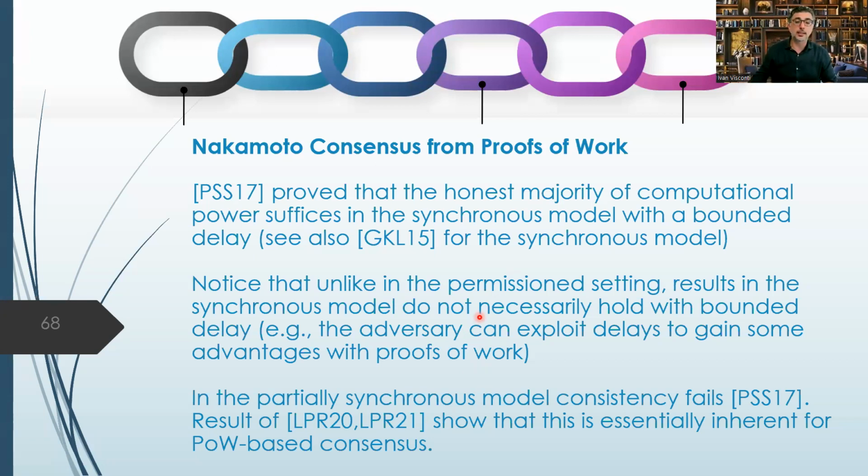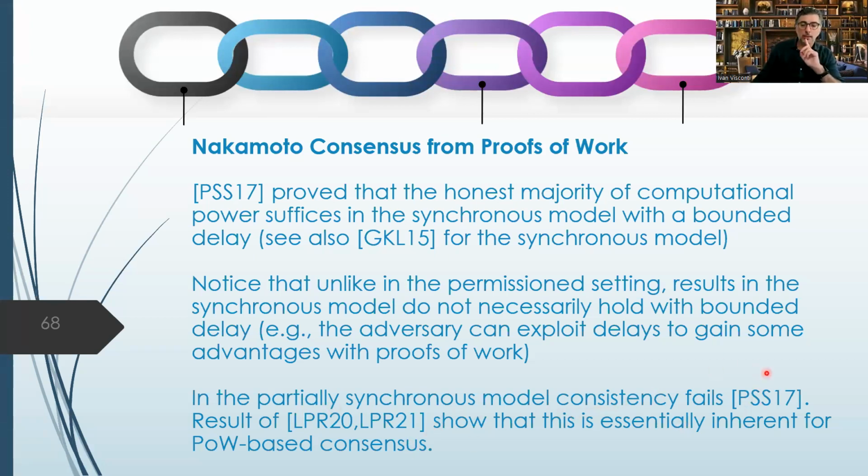The point is that there is basically a lower bound. It's proved that you cannot have consistency and liveness, both properties, if there is this unknown delay of messages. This is proven in this paper.